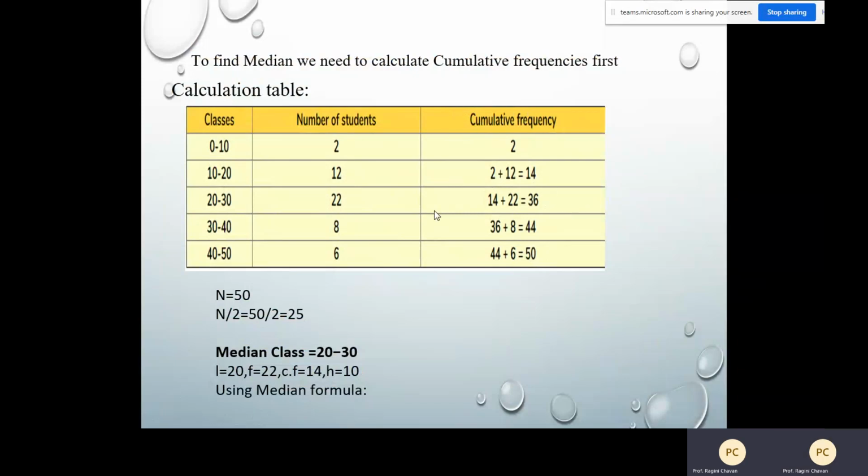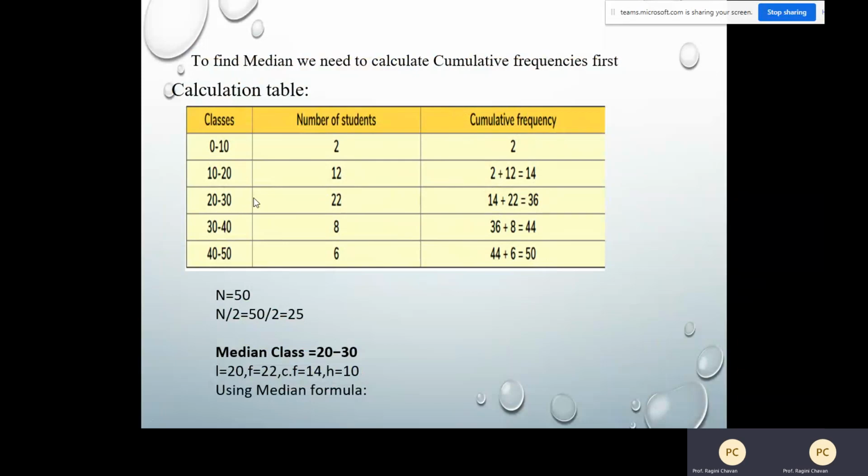In this cumulative frequency, we can see that 36 is first time greater than 25, where 25 is the N by 2 value. So the corresponding class is called the median class. So 20 to 30 is the median class.